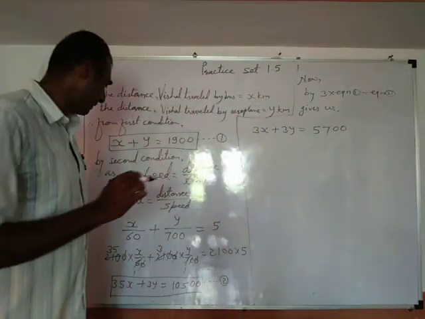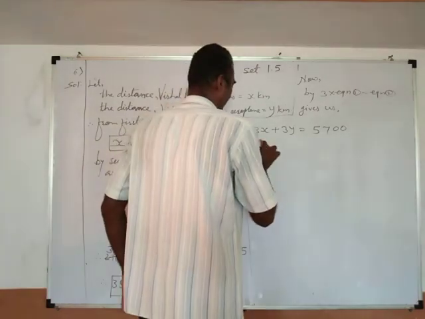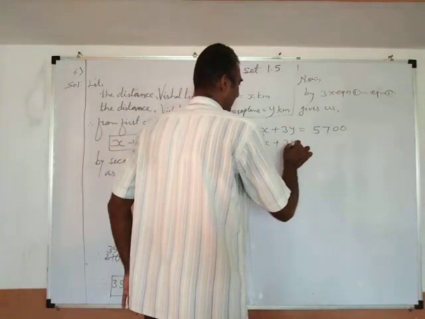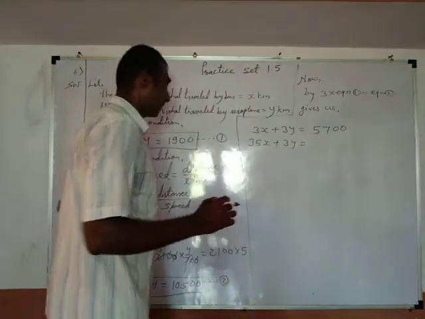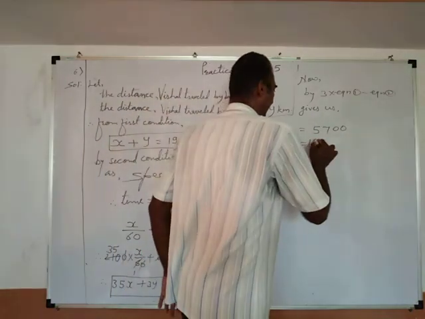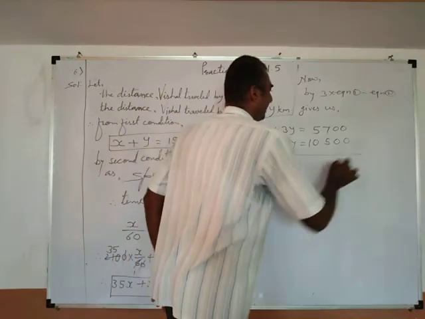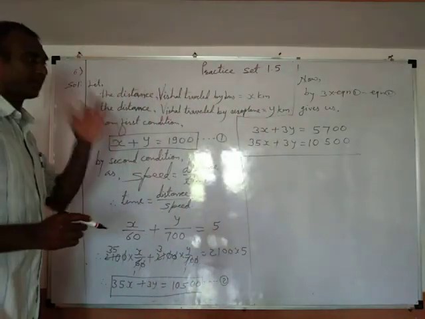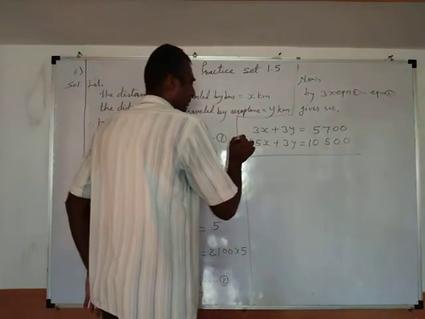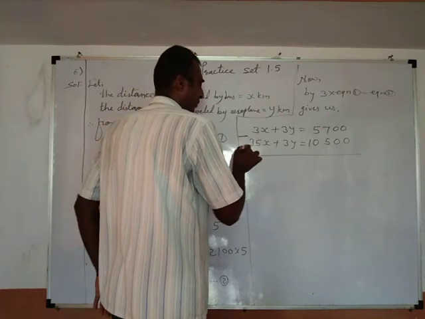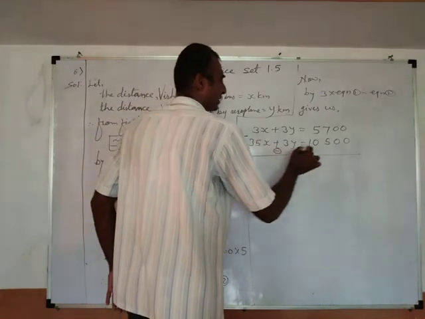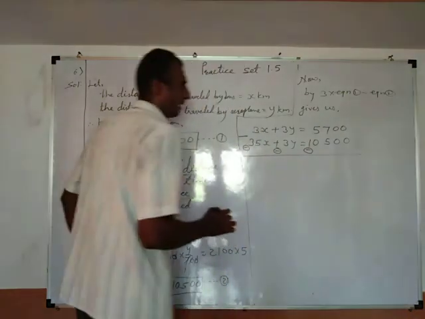And equation second is 35x plus 3y equals 10,500. As we decided to perform the operation of subtraction, the sign of subtraction will be in between them. Plus will become minus.